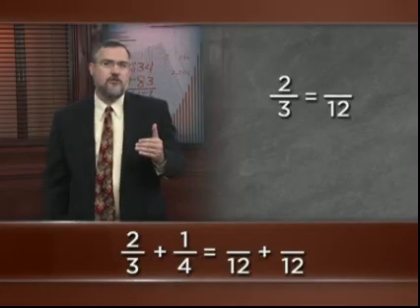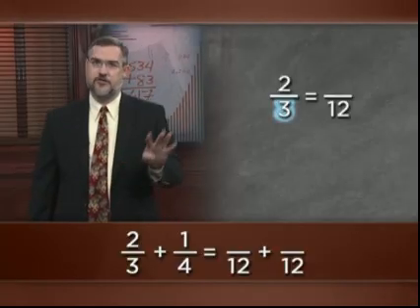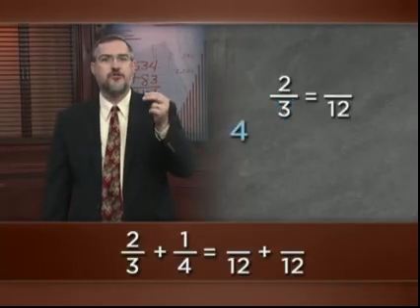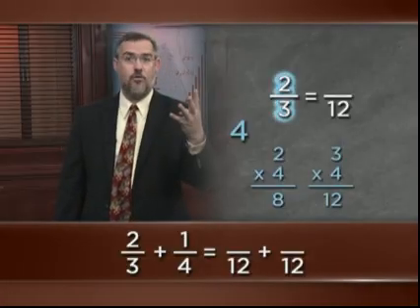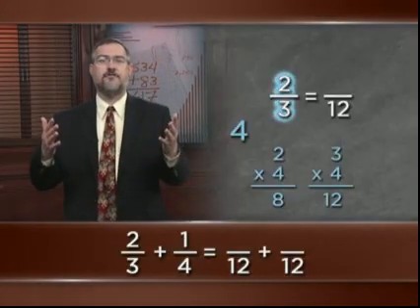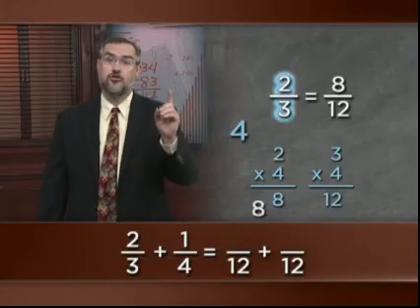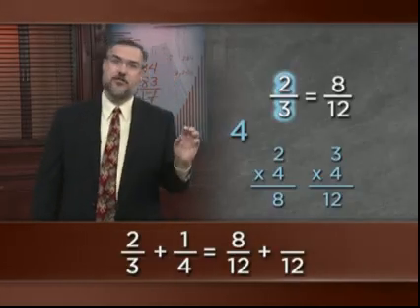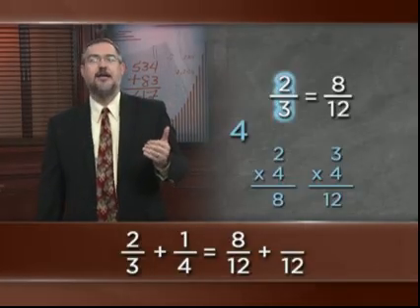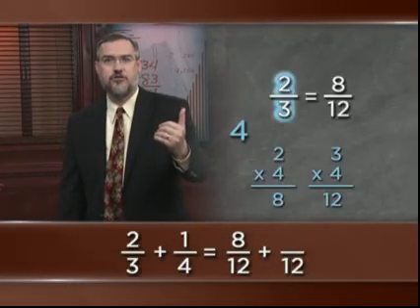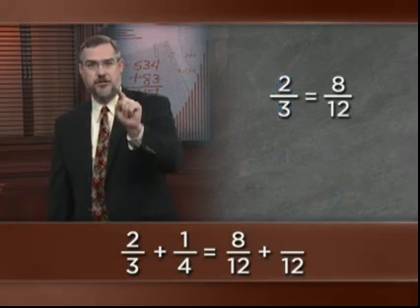Well, what do I need to multiply 3 by in order to get 12? The answer is 4. So what we're going to do is multiply both the numerator and the denominator by 4, and we're going to turn that fraction into 8 over 12. In other words, 2 times 4 is 8, and 3 times 4 is 12. So 8 over 12 is an equivalent fraction to 2/3, and notice that I've now forced the denominator to be 12.